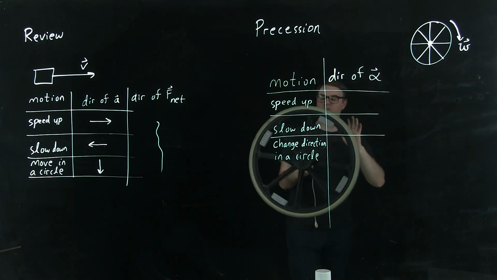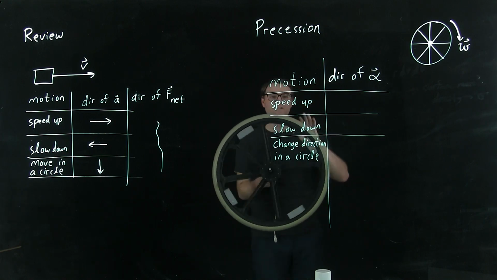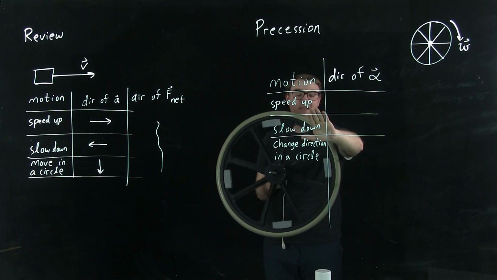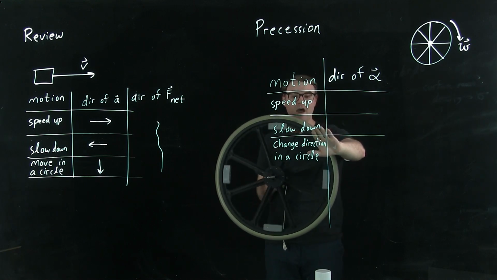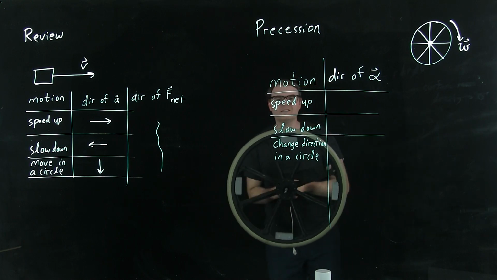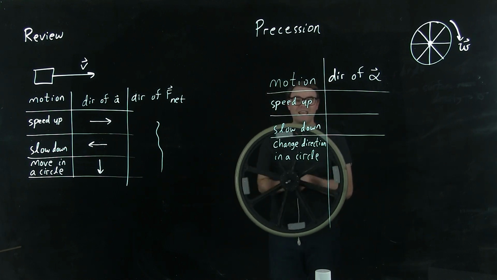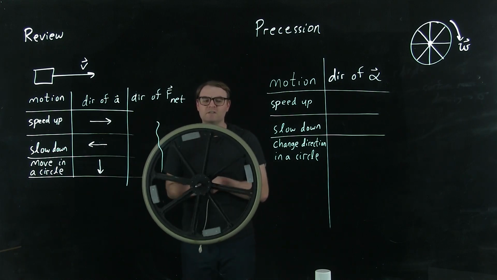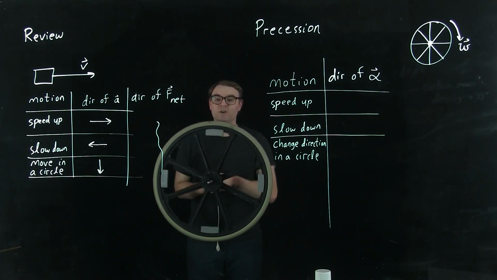And I want you to answer the same set of questions. How is it that you could get this object to speed up its angular velocity, to slow down its angular velocity? And then what if you wanted to cause the angular velocity, rather than getting bigger or smaller, to change direction so that the angular velocity traced out a circle?